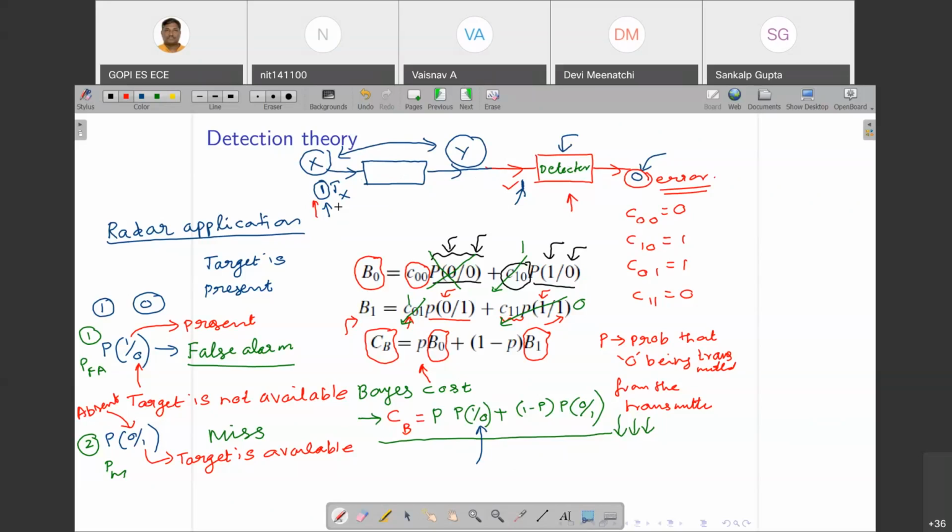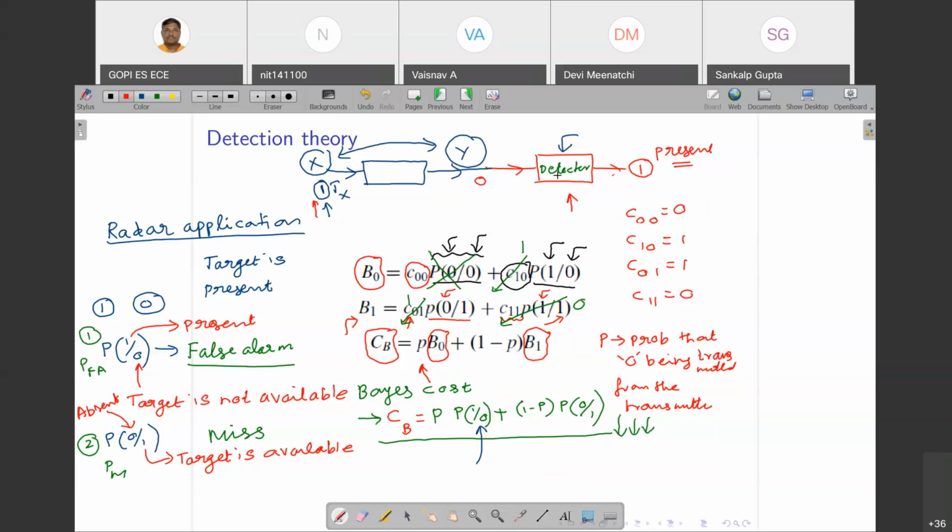I am not talking about the error involved in the channel. For example, we have one more case here. Originally 1 is transmitted and Y is actually 0, and then your detector is able to correct it and says that it is 1. Now you see that with reference to the original, the target is present and the detector is also saying that it is present, so there is no error.